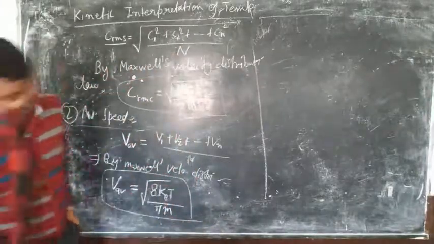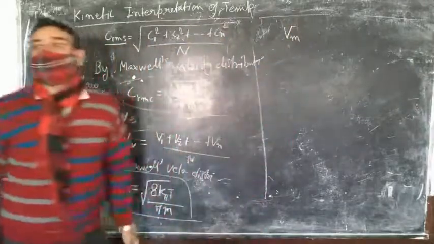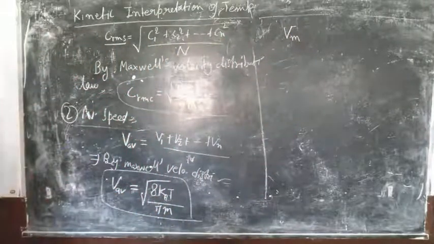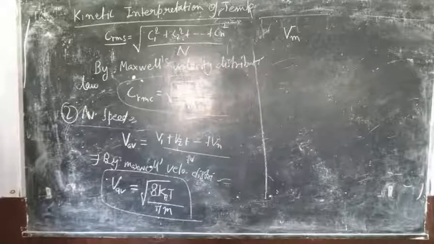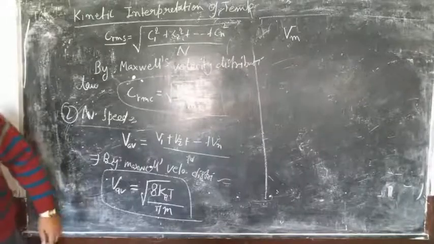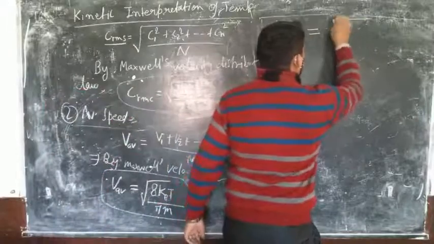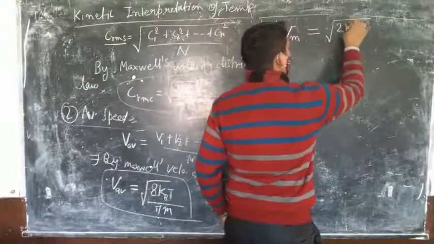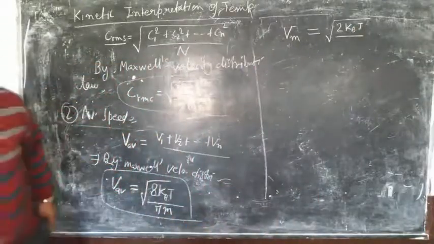The most probable speed Vm is equal to under root of 2 kBT upon m.